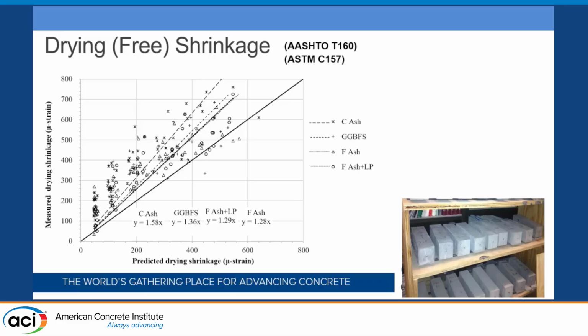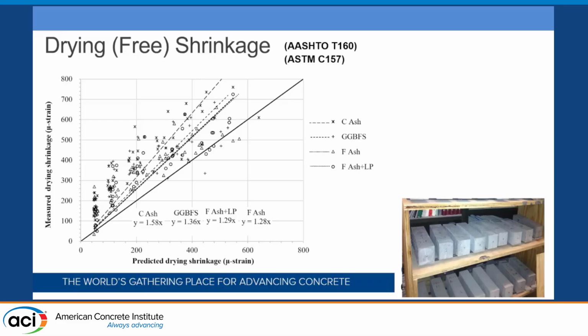But here is the plot of the predicted drying shrinkage using the AASHTO LRFD formula and the measured one for all the mixes grouped by the SCM. And you can see clearly from that the ones with Class C fly ash are the ones that have the highest shrinkage compared to the measured one.